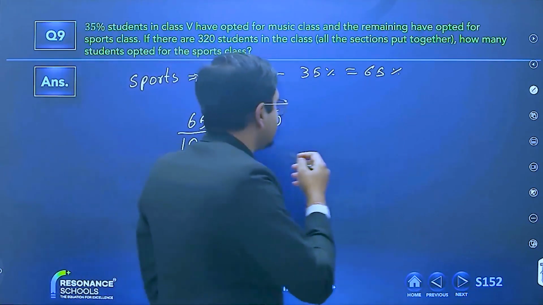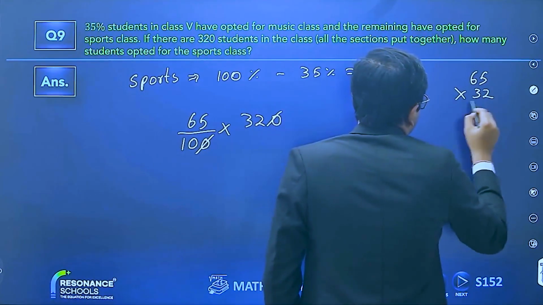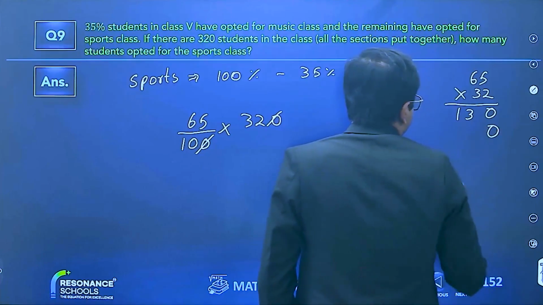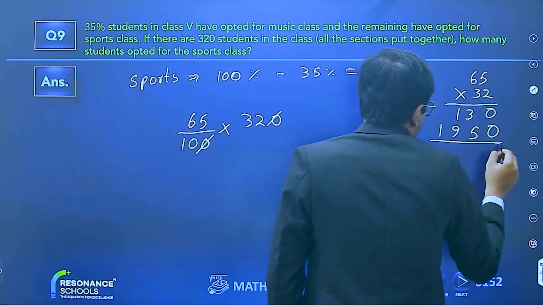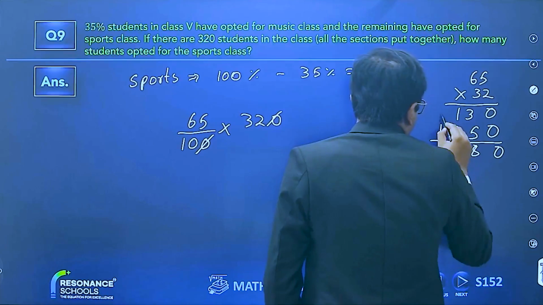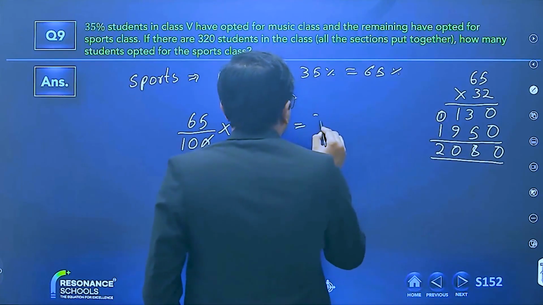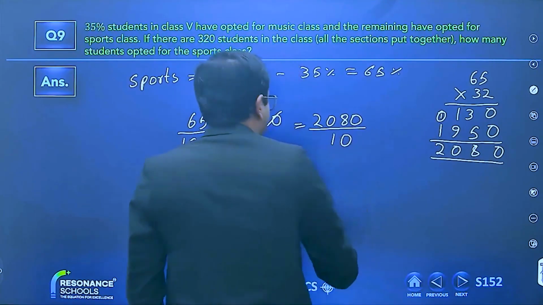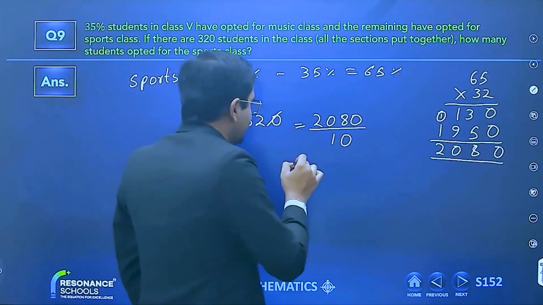Now let's do 65 into 32. 0 carry over 1, 130, 0. This is 15 carry over 1, 90. 0, 8, 0 carry over 1, 2. So what you are getting? 2080 by 10. Don't forget this 10. Divide by this 10. So what is the final answer?